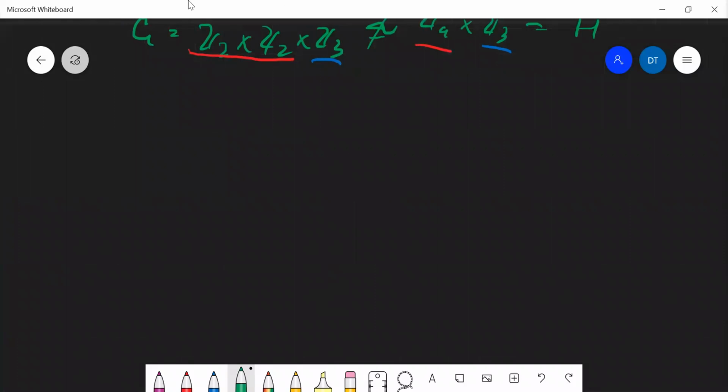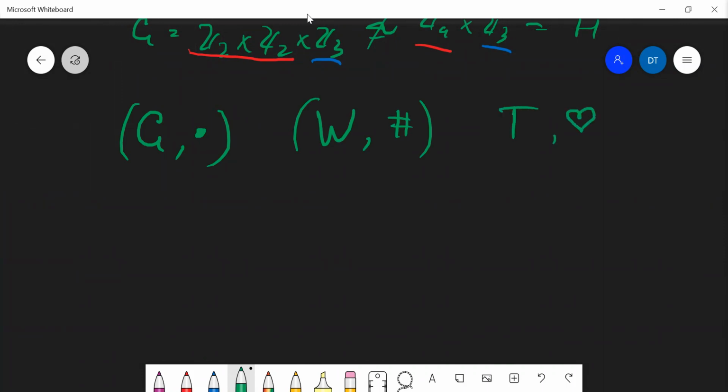when I write 1, what do I mean? When you're given a group, it may be a set G with an operation denoted by a point. You may have a set W with an operation denoted by something like this, or a set T where you denote the operation by a heart or whatever.